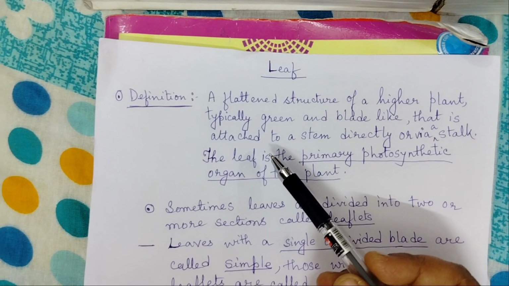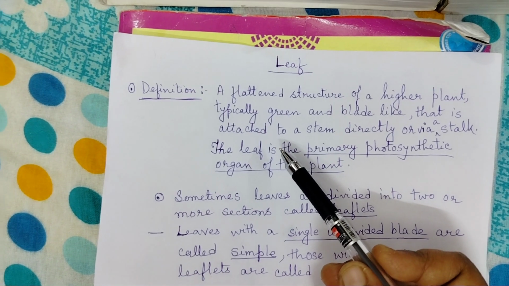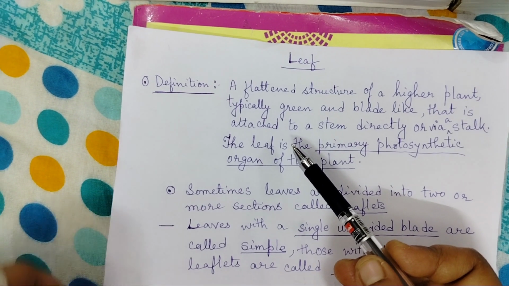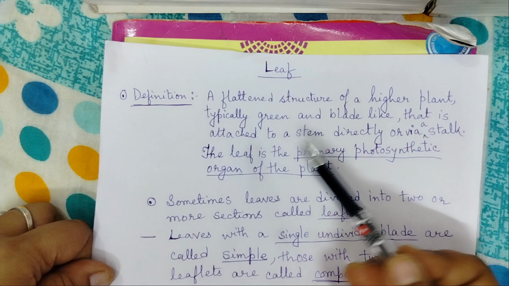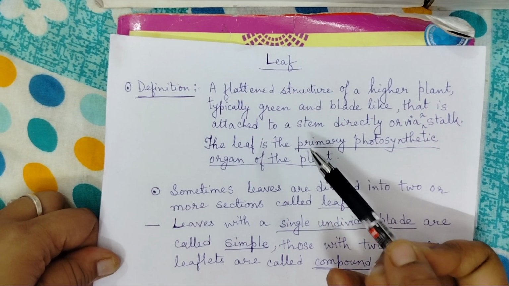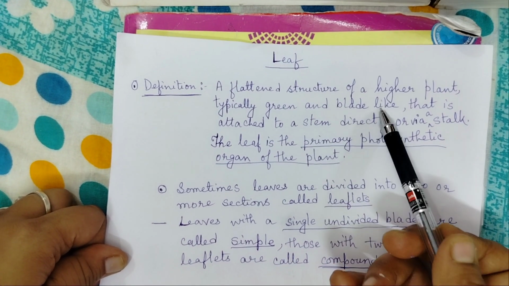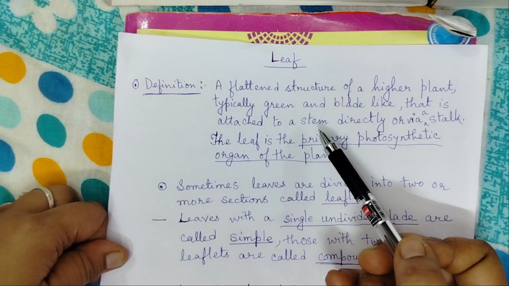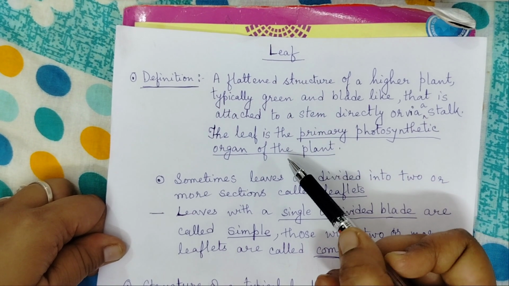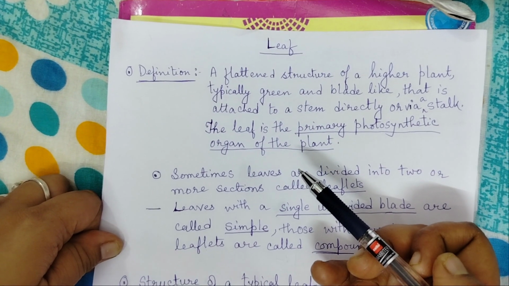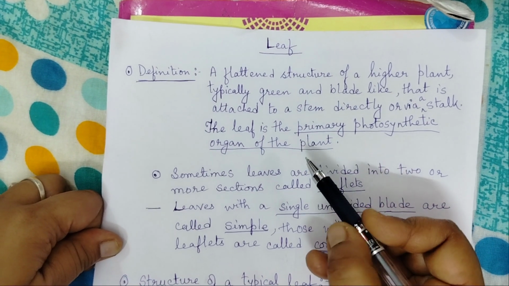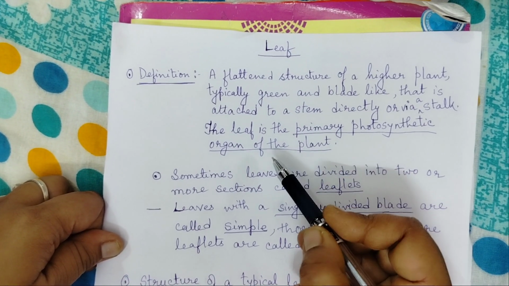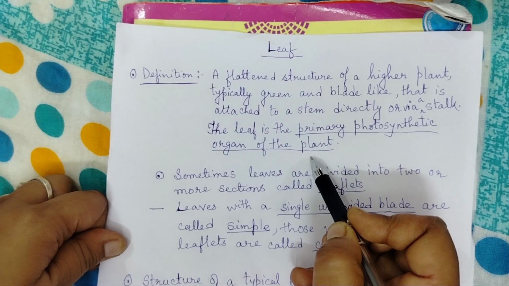First, we know what is the definition of a typical leaf. A flattened structure of a higher plant, typically green and blade-like, that is attached to a stem directly or via a stalk. The leaf is the primary photosynthetic organ of the plant.